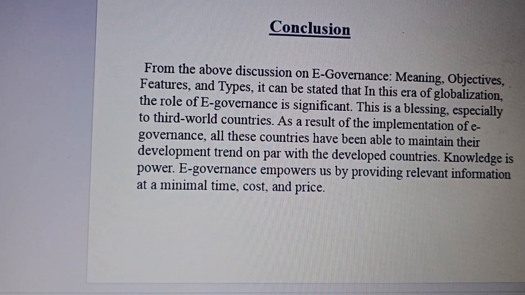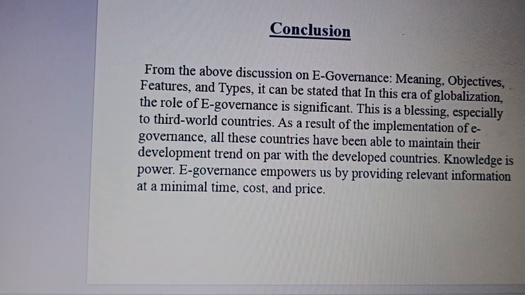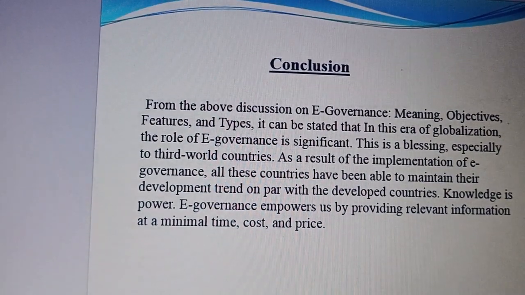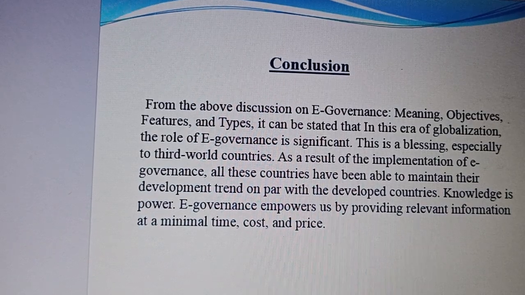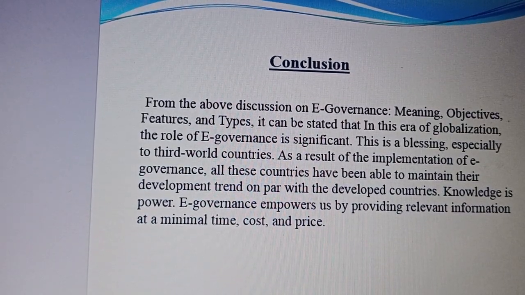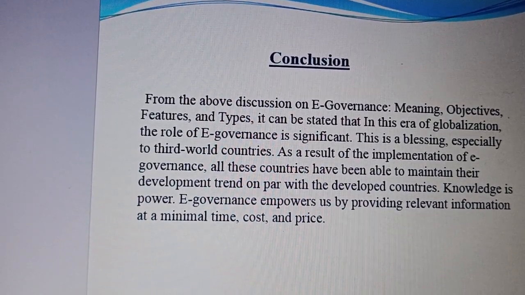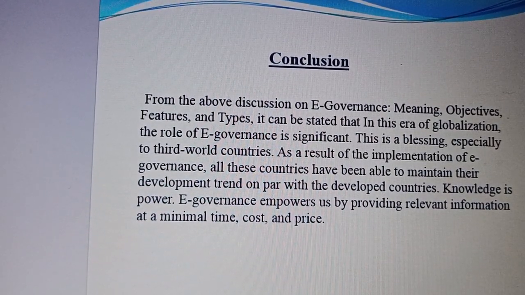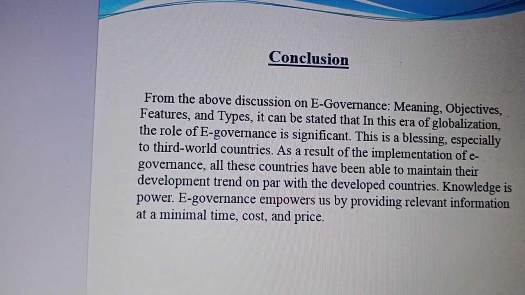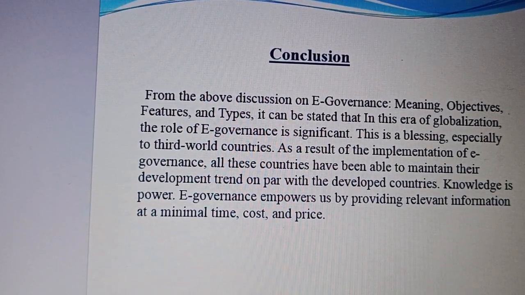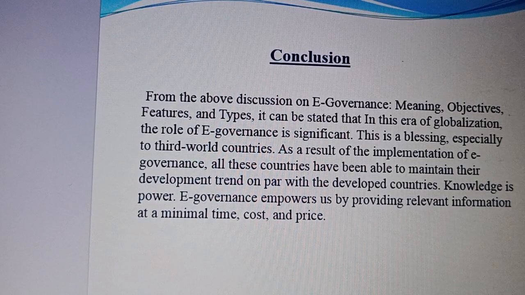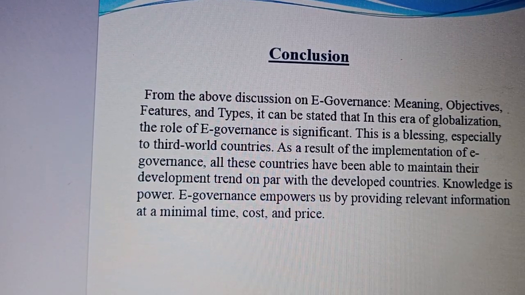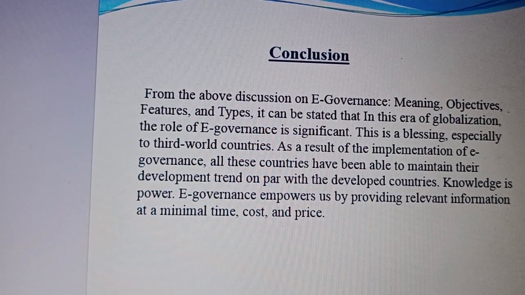This is a blessing especially to third world countries. As a result of implementing e-governance, these countries have been able to maintain their development trend on par with the developed countries, and knowledge is power. E-governance empowers users by providing relevant information at minimal time and cost.